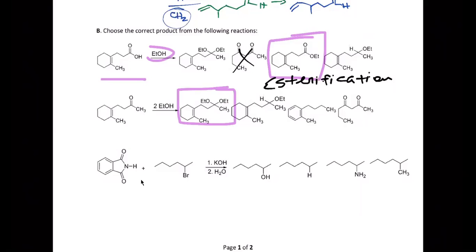Where did the second alcohol go? That would be the middle of the process. The second choice would be the hemiacetal, but since you've got two equivalents of alcohol, you're going to make the acetal. If it was just one equivalent of alcohol, then you would get the hemiacetal.